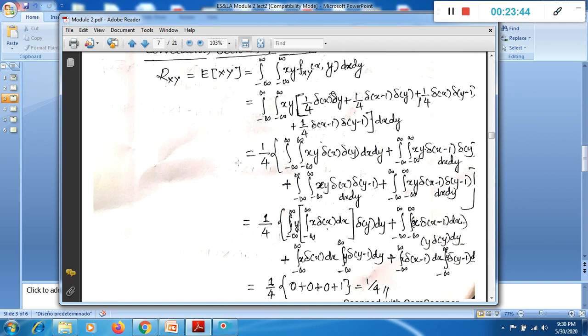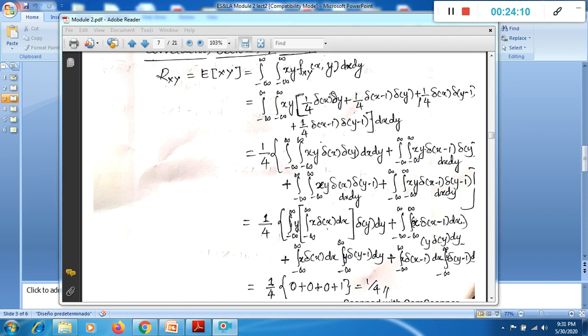Now among all the terms, 1 by 4 is common, so we can take it outside. Integration from minus infinity to plus infinity, and xy del x del y, then xy del of x minus 1, so it is multiplied with all the terms. And when we do this, here we can make some adjustments.